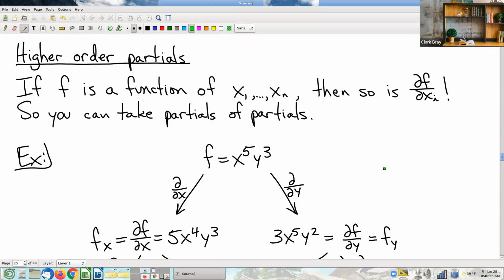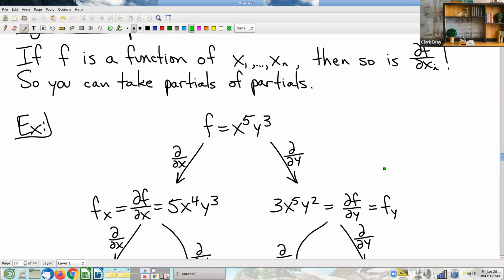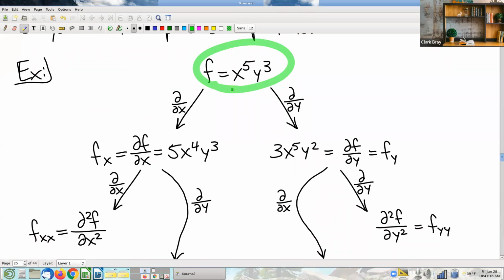Talk about higher order partials. It's kind of like with higher order derivatives in single variable calculus: if you take a derivative, then the resulting thing is a function and you can take its derivative. So here, for example, let's look at this function. Perfectly good function of x and y.